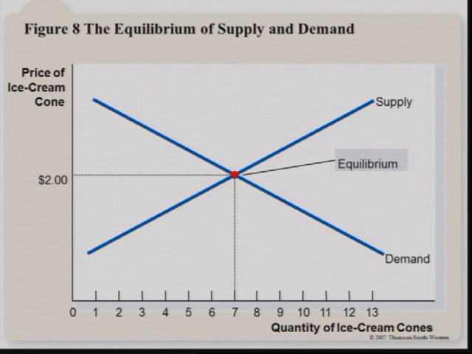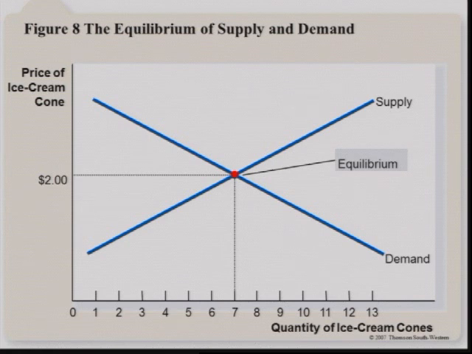In this chapter, we are talking about only one product, the supply and demand of one item. We are talking about ice cream cones here. If we were talking about ice cream, we would draw a completely different graph for ice cream. If we're talking about Coke, it gets its own graph. Pepsi, it gets its own graph. So this is just one item that we're talking about, supply and demand of one item.